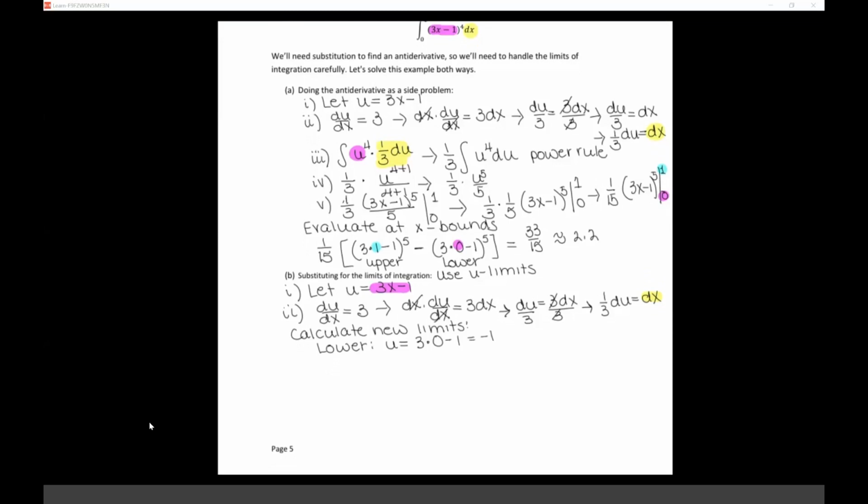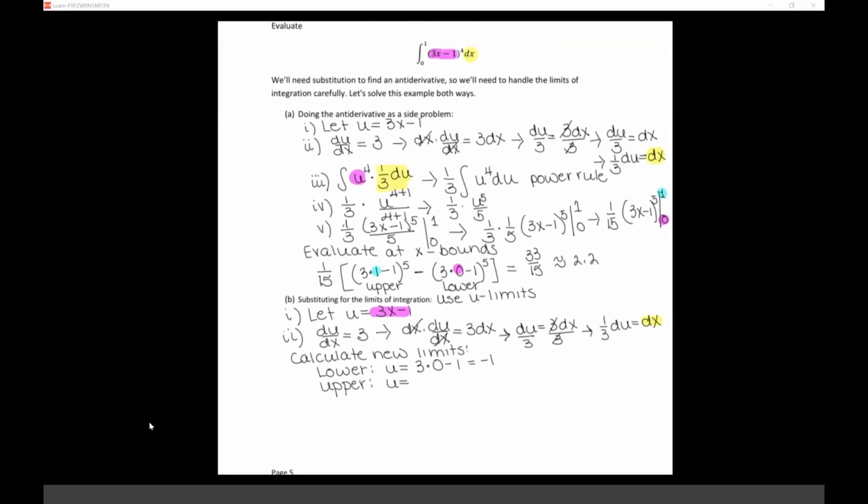My new lower limit, my u limit, is -1. My upper limit means I plug in a +1. Again, 3 times 1 is 3, minus 1 is 2.